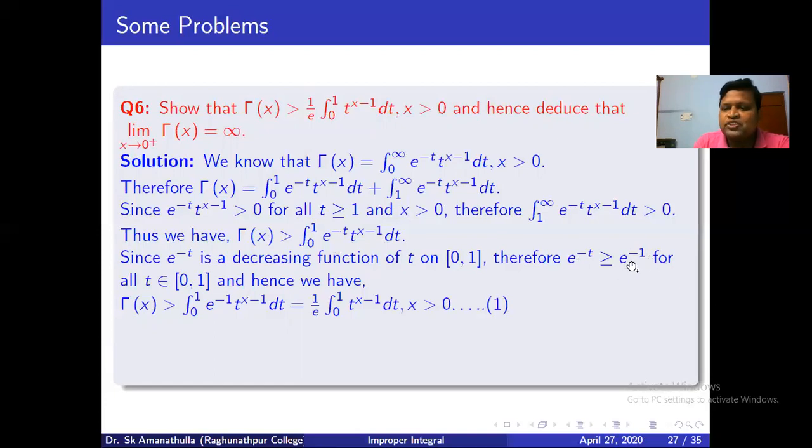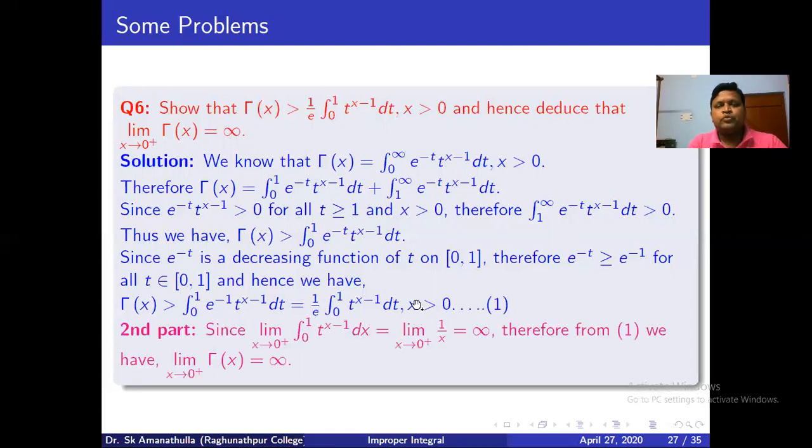So e to the power minus 1 is the smallest value of e to the power minus t in that interval. If we replace e to the power minus t by e to the power minus 1, then we have gamma(x) greater than the integral from 0 to 1 of e to the power minus 1 into t to the power x minus 1 dt, and it becomes this one.